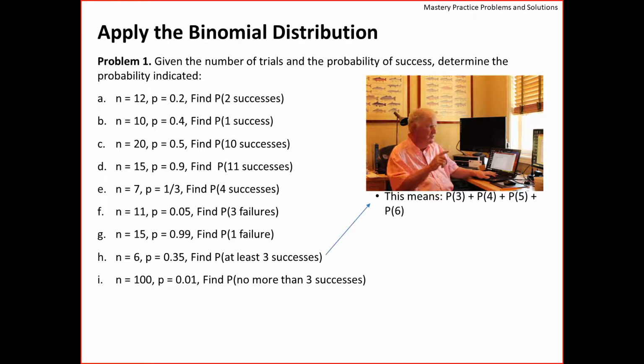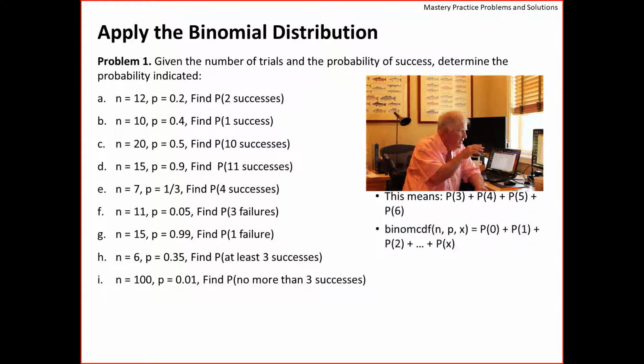But the binomial CDF is meant for problems like this because, unlike the binomial PDF, which returns for a value of x the probability of exactly x successes out of n trials, the binomial CDF returns, if you put in x, the sum of all the probabilities up to and including x: P0 plus P1 plus P2 dot dot dot plus Px.